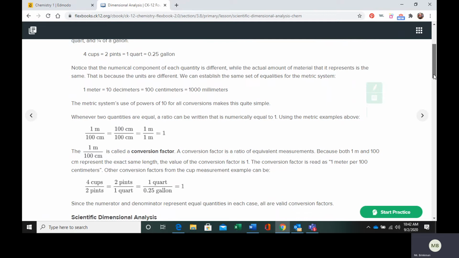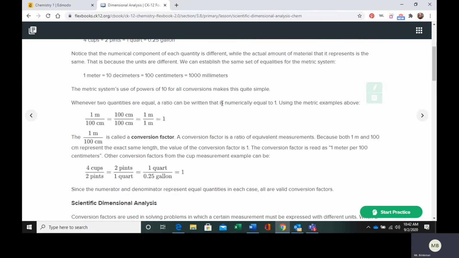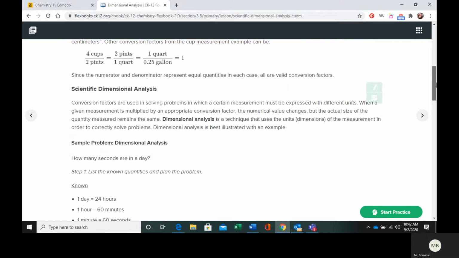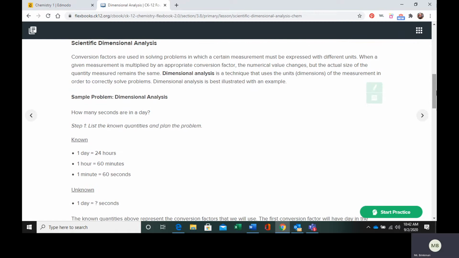Now we can do the same in the metric system. And because the metric system is based on units of 10, it makes it easy to convert between all these different quantities. So how we use dimensional analysis in science is when we are converting from one type of unit to another, and we'll go through a sample problem with this.